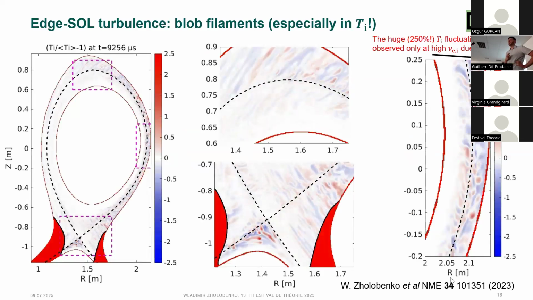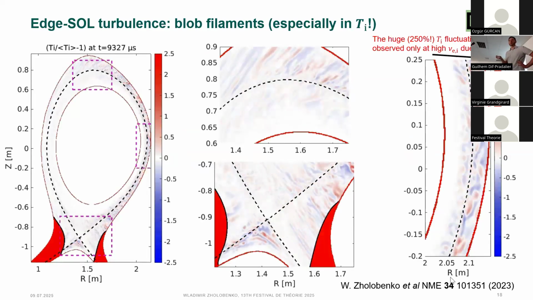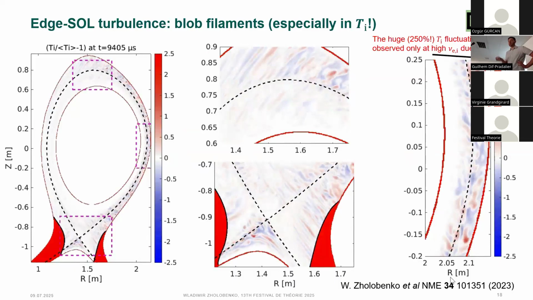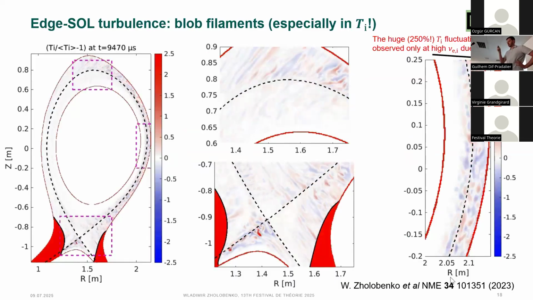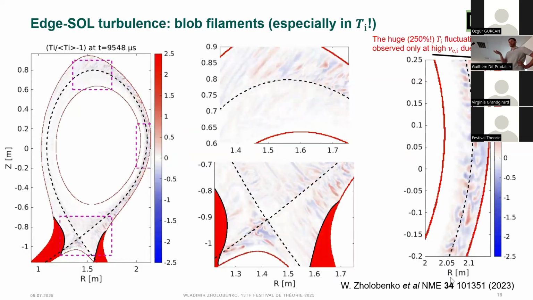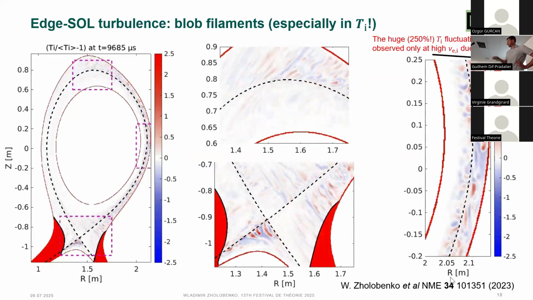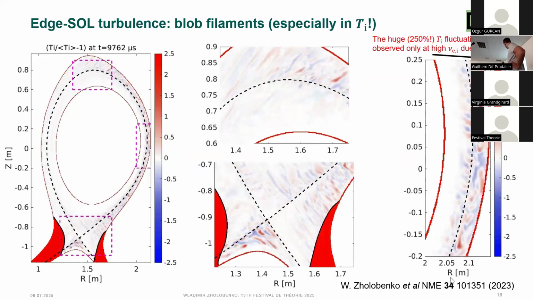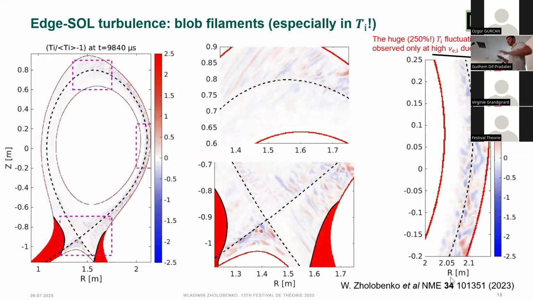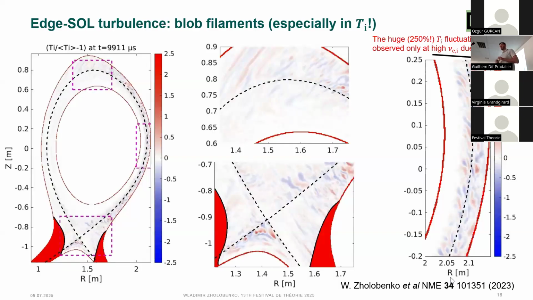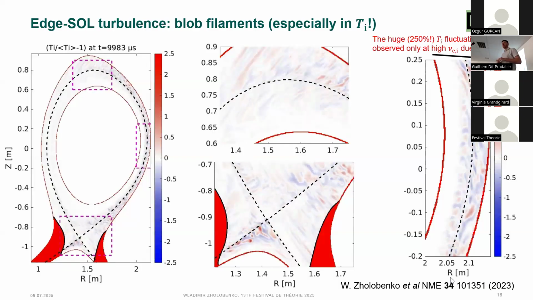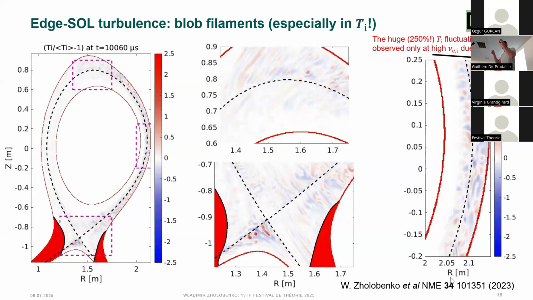So these are fluctuations, and they can arise anywhere. And experimentally, they also see turbulence in the private flux region. However, the red region here, which shows the divertor, there we have the immersed boundary technique. Similar to GISELA, the transition to the boundaries is smooth.